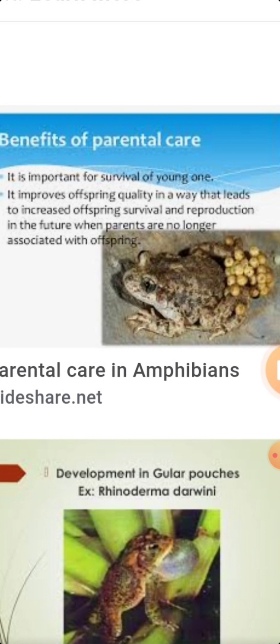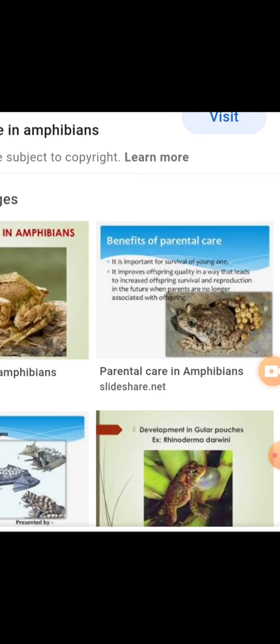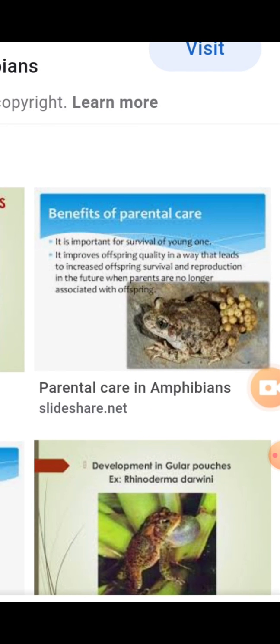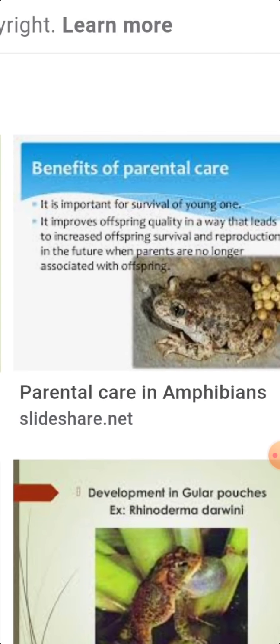So, these are the systems of parental care of eggs, in which the male also takes care of the eggs.